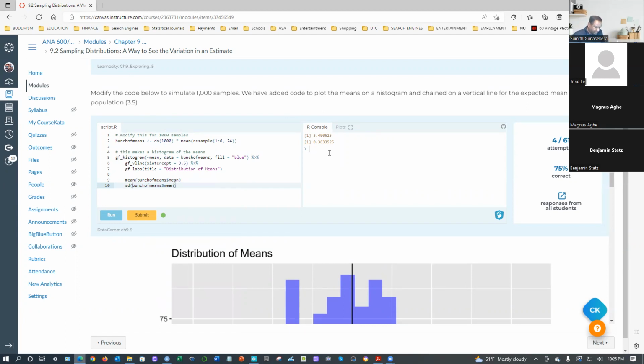Let me see. 1.7 square root. 1.7. Okay, it's coming close to that one.